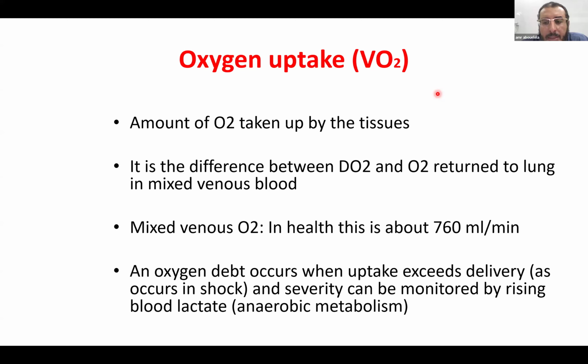We mentioned before that in the arterial system, every minute we will have a delivery of 1000 ml per minute of oxygen. In the venous side, we have 760 ml. It means that around 250 ml per minute, which is almost 25% of the oxygen, is taken up by the peripheral tissue for consumption. This is the normal consumption.